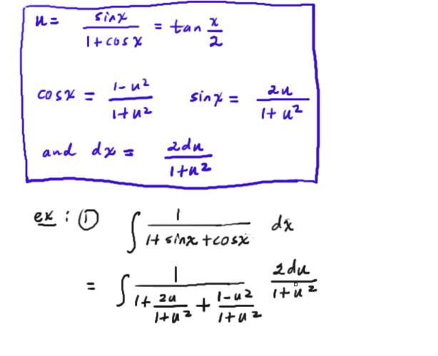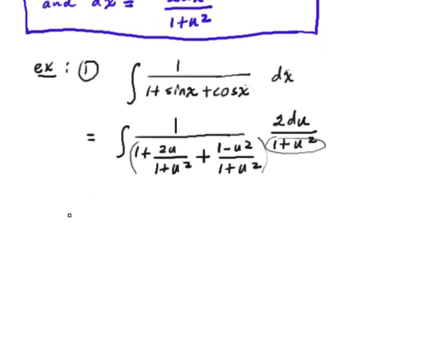Now let's multiply this denominator times this denominator, and that will simplify things. So we put 2 du in the numerator. Here 1 plus u squared times 1 is 1 plus u squared.